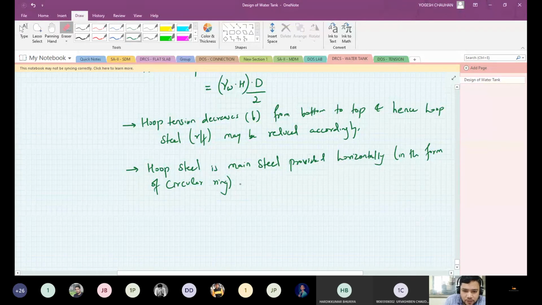And the vertical steel provided is your distribution steel.